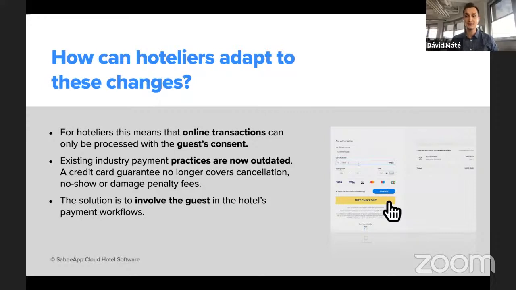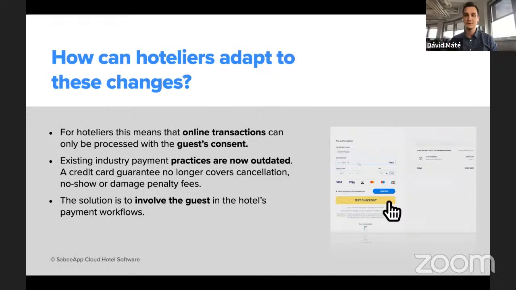So those practices that we are so used to, namely that we receive a credit card so-called guarantee for a reservation, which allows us to cover for any cancellation fee or no-show fee, damage penalty fee, given the fact that the credit card guarantee works, because it's again not always the case, is useless. So this practice is now completely outdated.